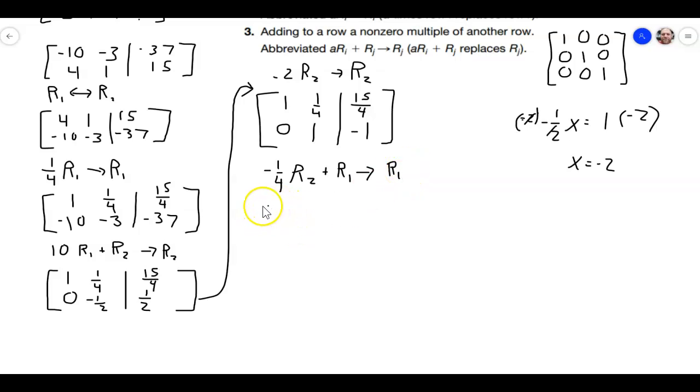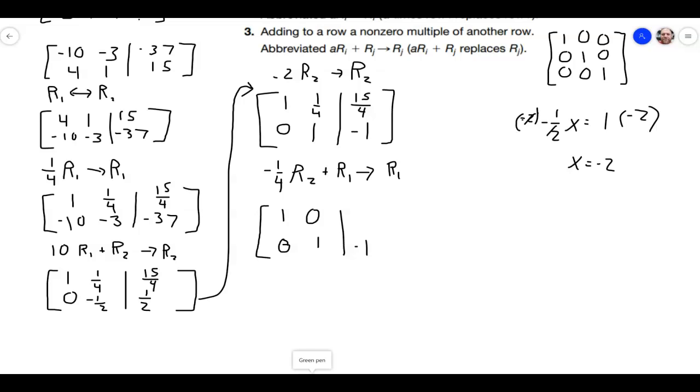All right. So here I have a 1, 0. That stays the same. The whole bottom is going to stay the same. Negative 1. And the last thing I need to do is multiply this by negative 1/4 and add it here. And we already know it's going to give us a 0. That's why we chose negative 1/4. And the last thing we do is do this one here.